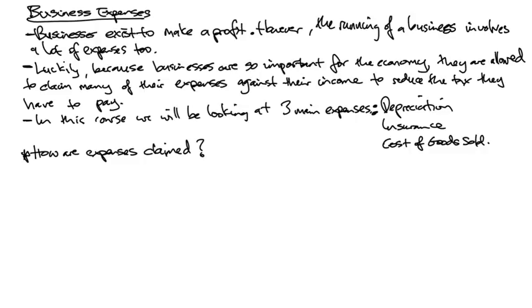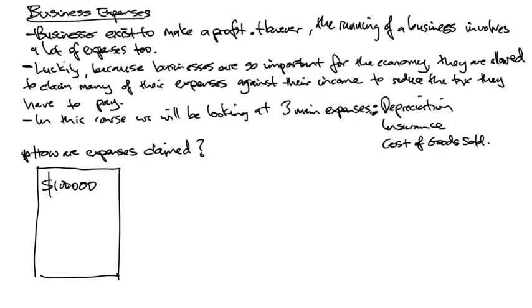So for example, if we had a business that earned a profit of 100,000, that's their income, and the way most small businesses would be taxed would be just like individuals. They show their earnings and then they'd be taxed at a particular rate.